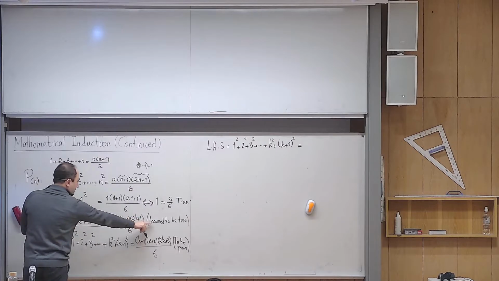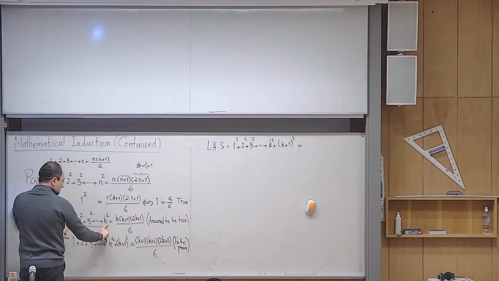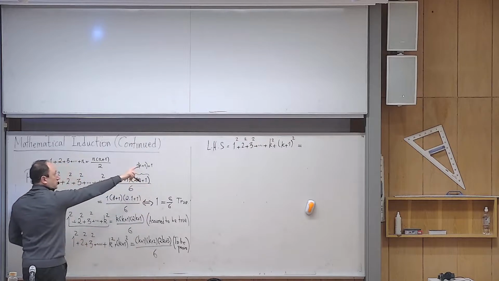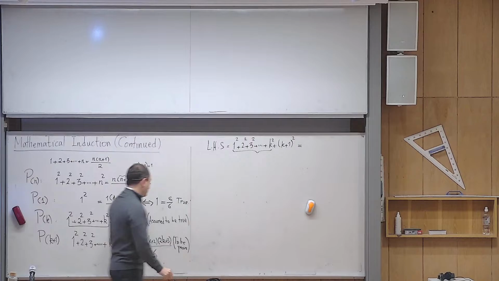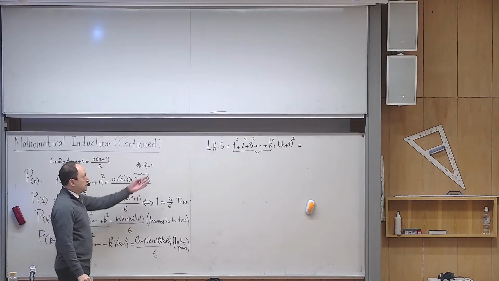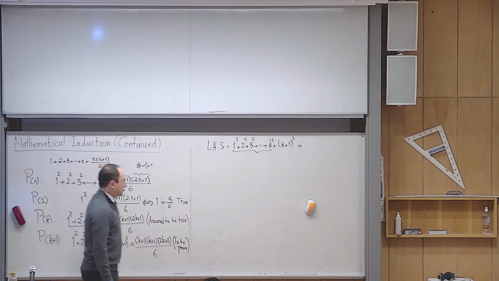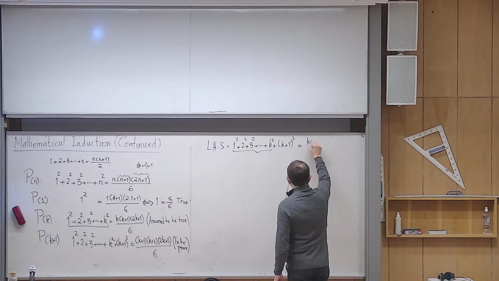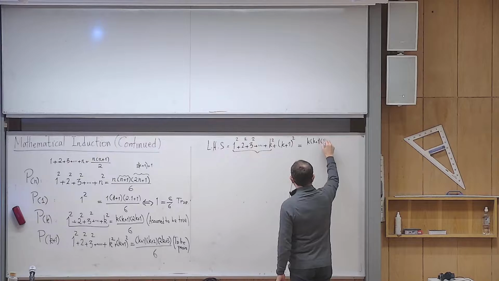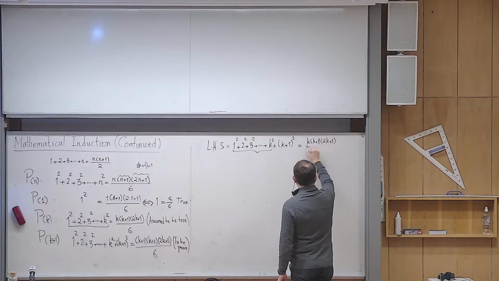Based on this assumption, the answer to this part is this. So when I go from here to here, I already know the answer based on my assumption. So I take this out and put this one, which I assume to be the case, to be the same. So this becomes k times k plus 1 times 2k plus 1 divided by 6.